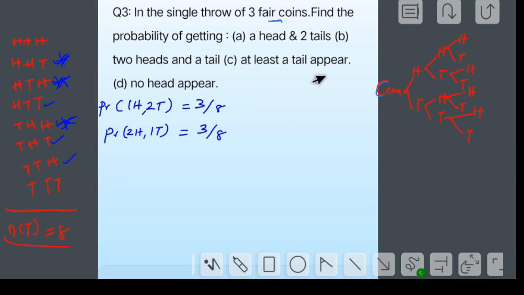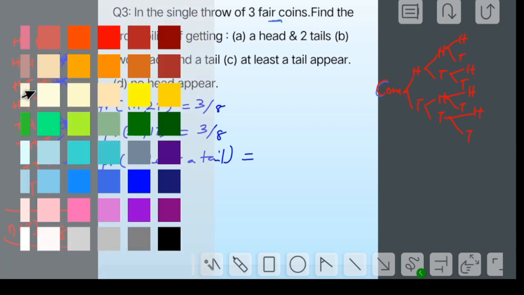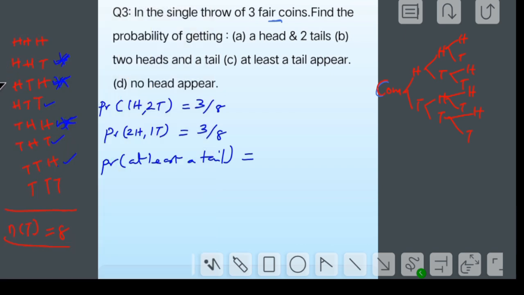Now the next question, which is question C, is at least a tail. Anywhere you see a tail, you count it. At least a tail is at least a tail. We have a tail here, a tail here, a tail here, a tail here.